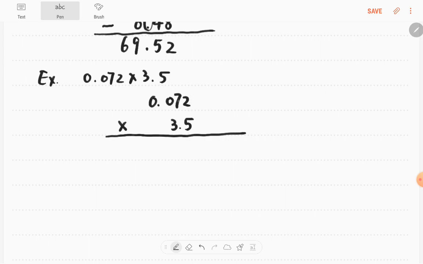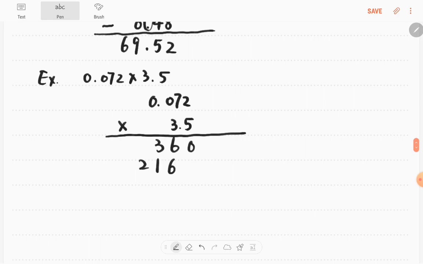So here, we just treat these decimals as whole number. Then we do the multiplication. So for the first number, 5, we will get this. Then we do the second one.